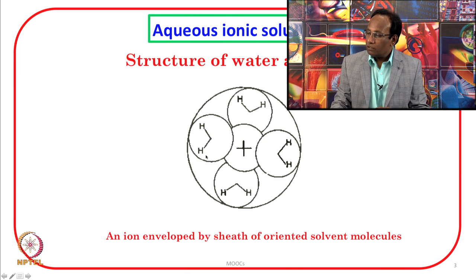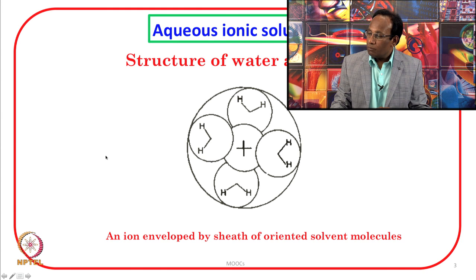And therefore, when these water molecules are surrounding the central ion, these are no more associated with the rest of the water molecules. In other words, what I am trying to say is that these water molecules lose their kinetic freedom to the central ion.